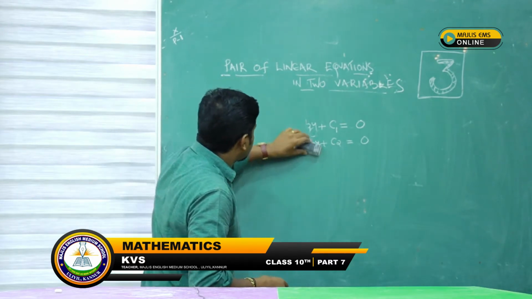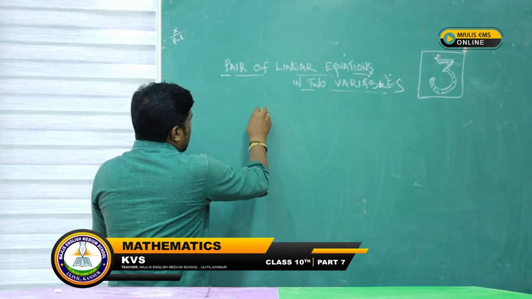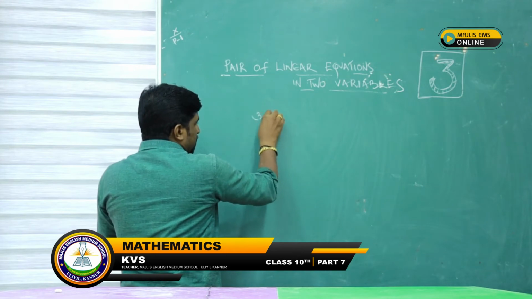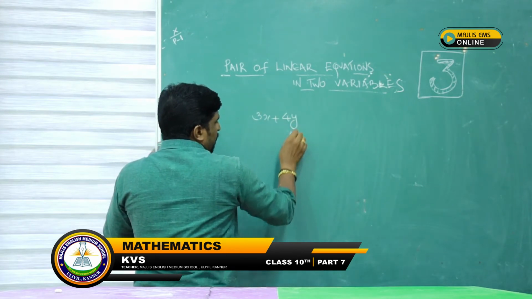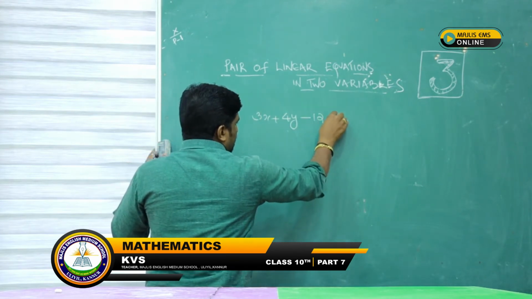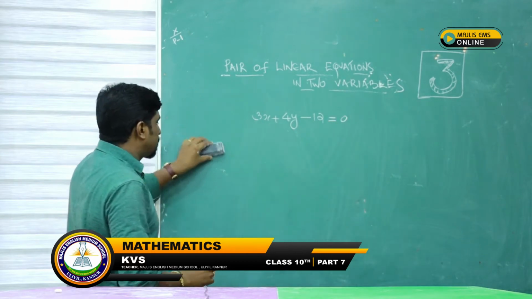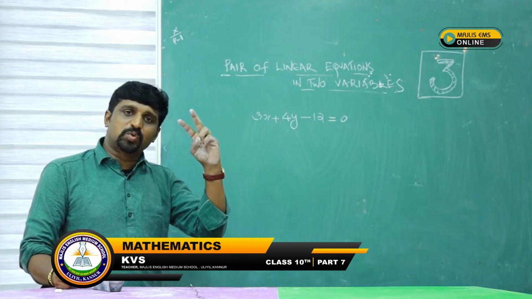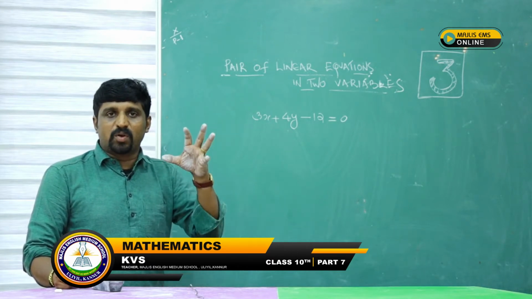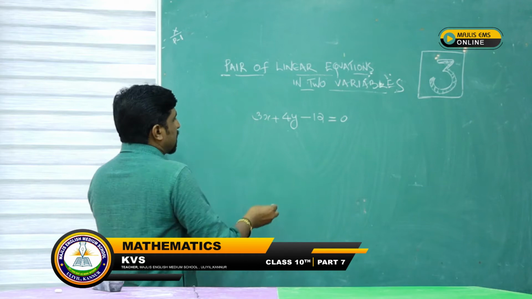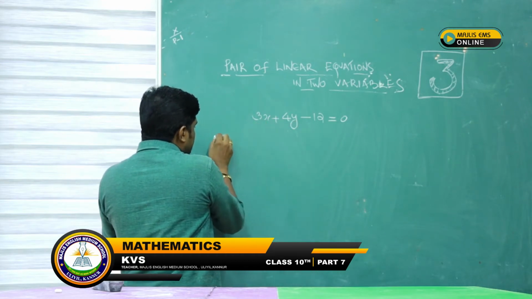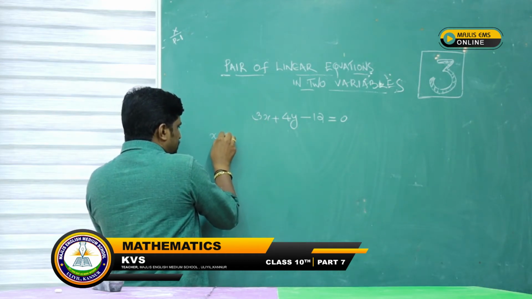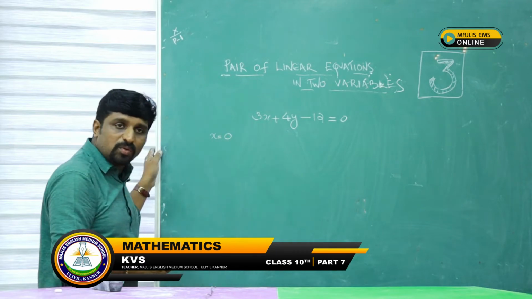Suppose 3x plus 4y minus 12 equal to 0. This is a linear equation in two variables, and we already discussed its solution. First we take any value for x, say x equal to 0.